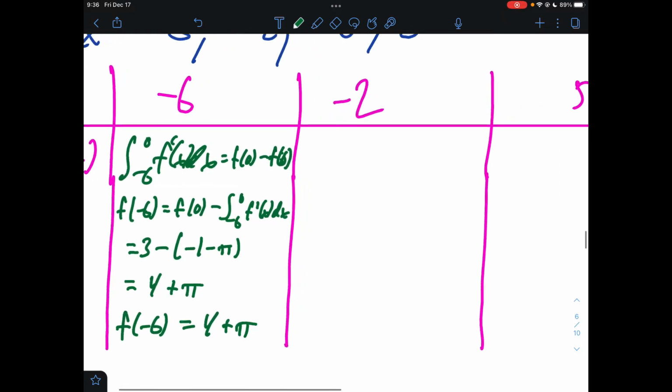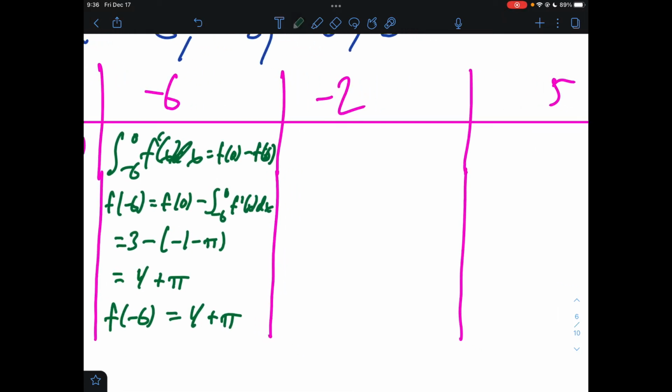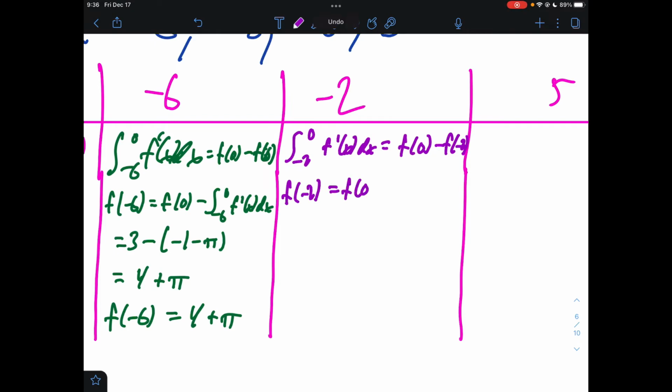All right, negative 2. So we know this is going to be the integral from negative 2 to 0 of f prime of x dx equals f of 0 minus f of negative 2. So f of negative 2 equals f of 0 minus the integral from negative 2 to 0 of f prime of x dx.